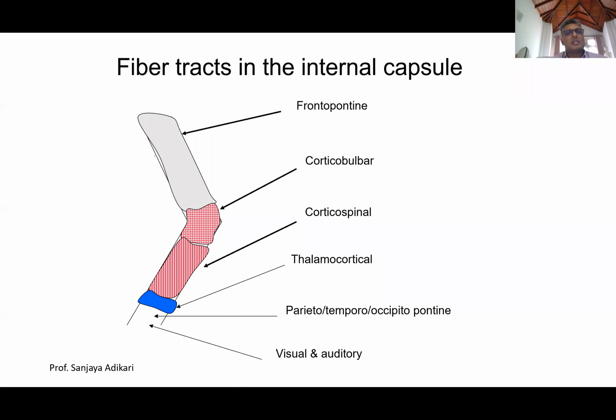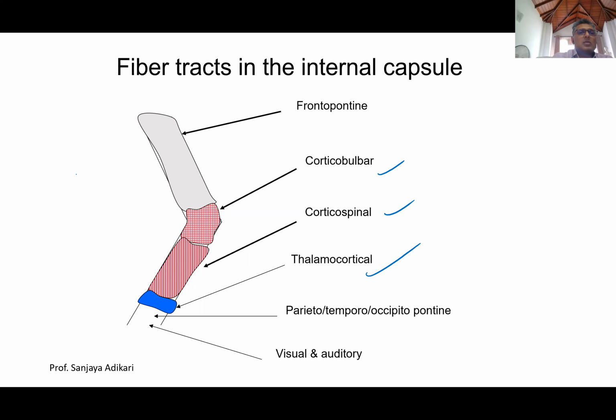Even though we are not discussing the internal capsule, a small point about it, which you will anyway revisit: it contains many nerve fiber tracts. Now, you can see this corticobulbar, corticospinal. These are all important motor tracts. And then these thalamocortical ones are actually the main sensory nerve tracts going upwards.